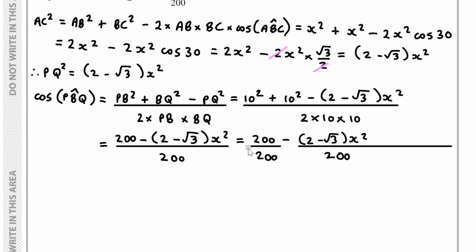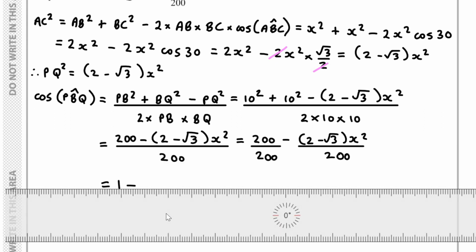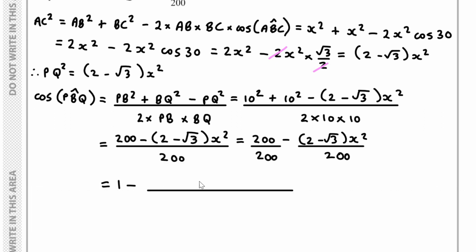So here is what we end up with. If I tidy all of this up, you can see we end up with 1 minus 2 minus root 3 x squared over 200. So this is what we end up with, and that's exactly what we wanted to show.